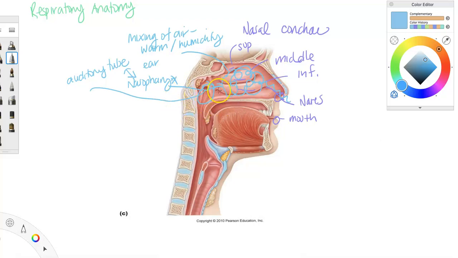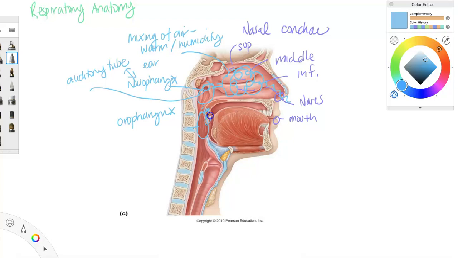All right, so the air goes through the nasopharynx, then it enters the oropharynx, which is behind the mouth, the hard and soft palate there. Here's the uvula, little thing.